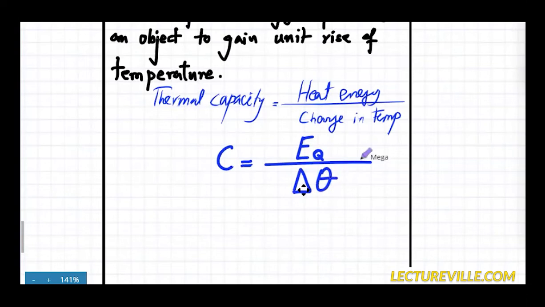Now, the unit for energy is joule. For temperature, we are allowed to use degree Celsius. So it will become joule per degree Celsius.